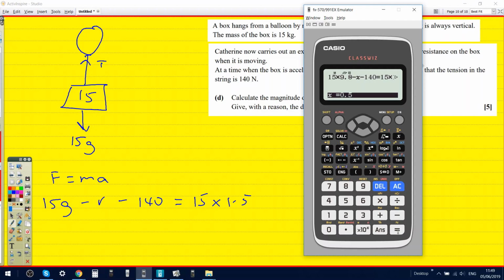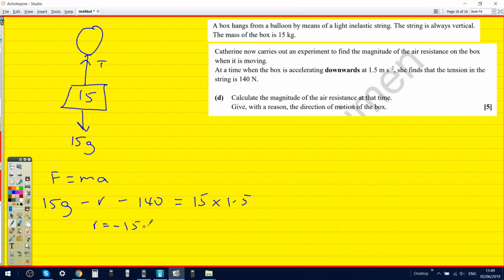So I get minus 15.5. So that's the air resistance. And what's the direction of the motion of the box? So we were looking in the downwards direction, right?